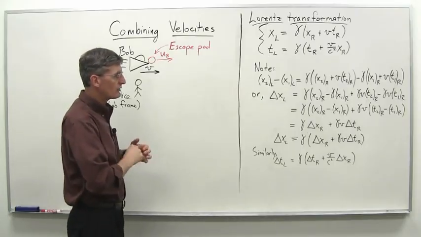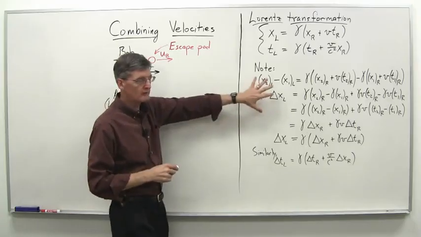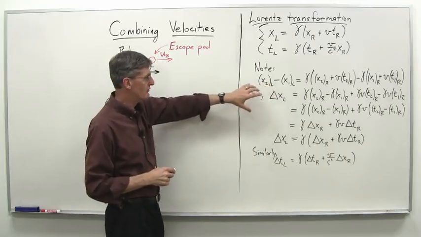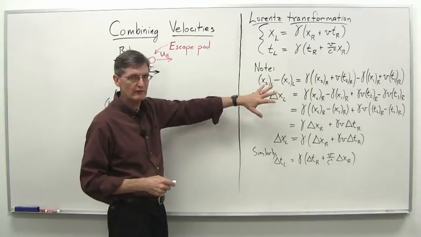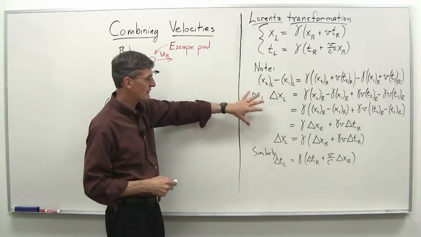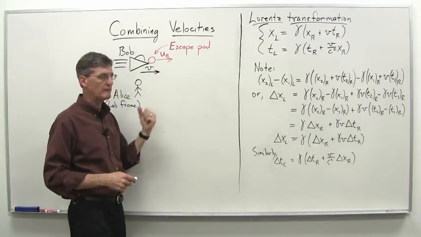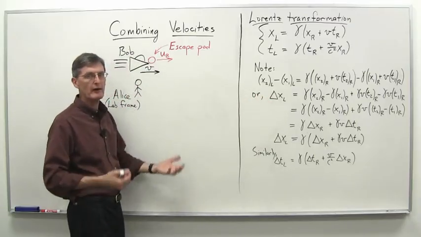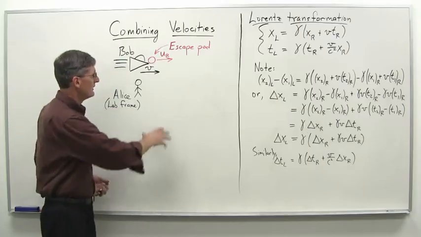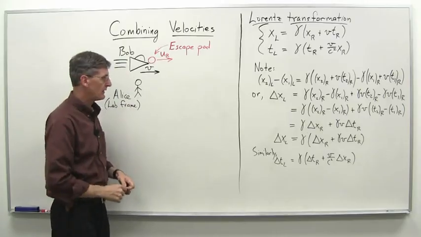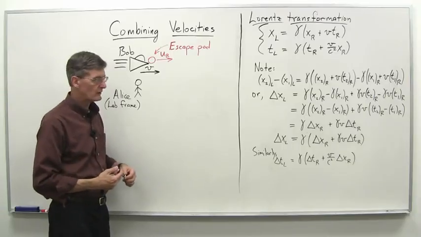So, one quick note here. We've got a little bit of algebra, as I'm sure you've seen, and your attention may be drawn over here. So let's take a look at this, because this is going to be helpful in a minute when we look at our situation of combining velocities. In other words, we're going to do the escape pod example again, but this time from a relativistic perspective.